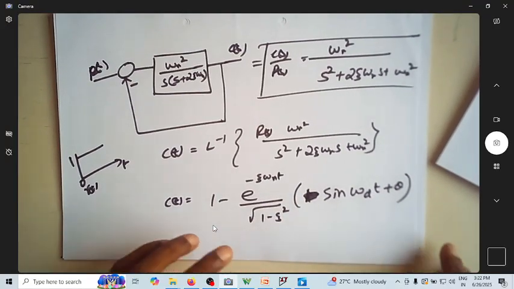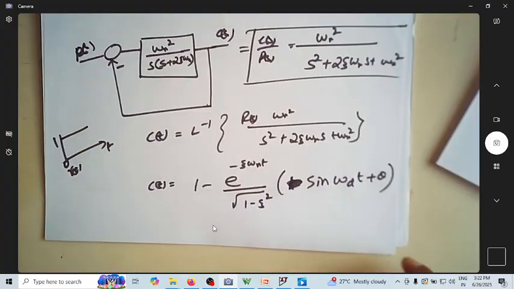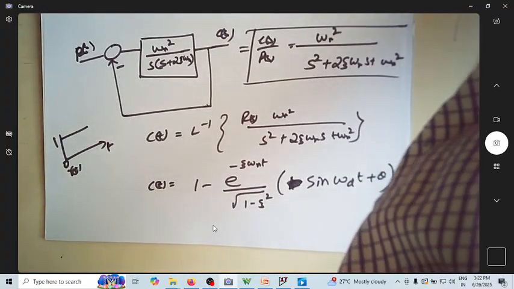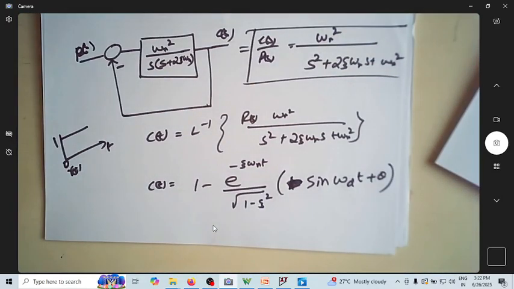There is no extra 1 minus; it is sine omega d t plus theta. The time response of a system is given by 1 minus e power minus zeta omega n t, and that's the equation we have. Suppose I want to write the response of that system for a step input.